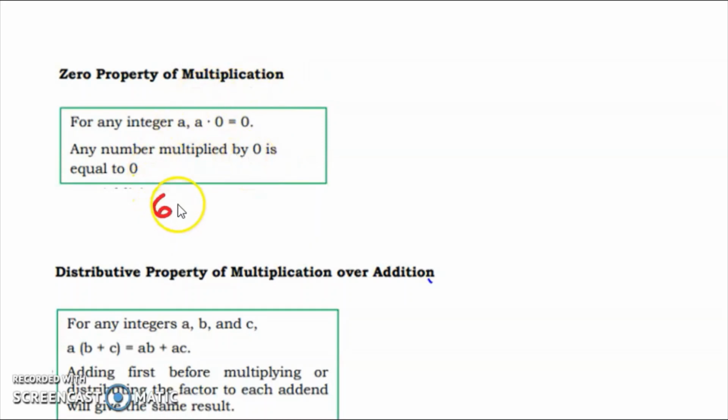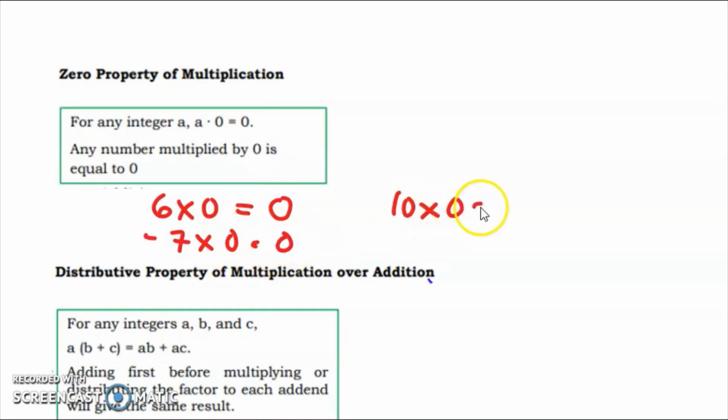Suppose I have here 6 times 0. Hindi ka na mag-iisip dyan ha, since ang minumultiply mo kay 6 ay 0, ang sagot dyan 0. Negative 7 times 0 is 0. 10 times 0 is 0. 0 times 7 is 0. Basta kahit ano pa yan, minultiply mo kay 0, 0 ang answer niya.